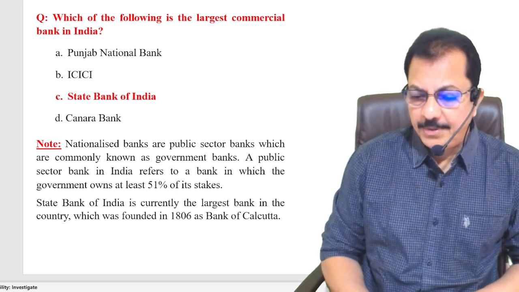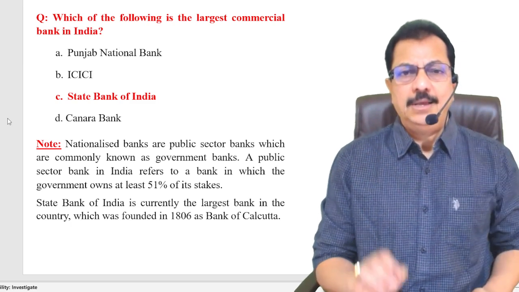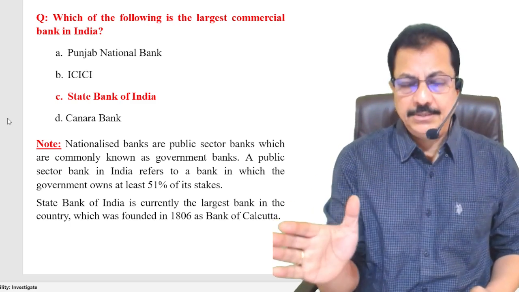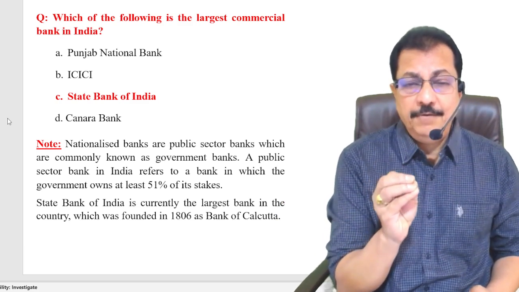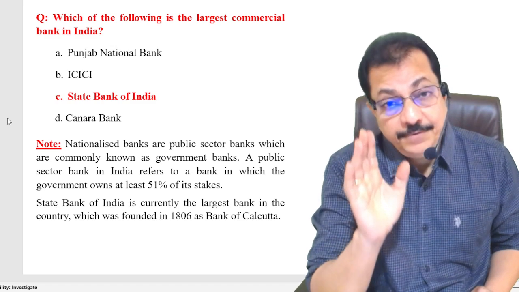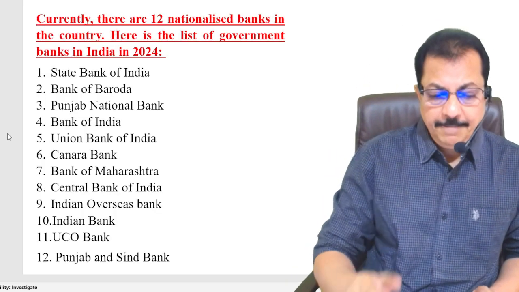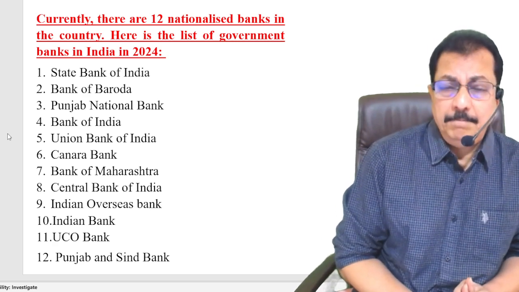And as I told you, all nationalized banks are government banks. They are called public sector banks, where the government should have a minimum stake of how much? 51%. Very important.